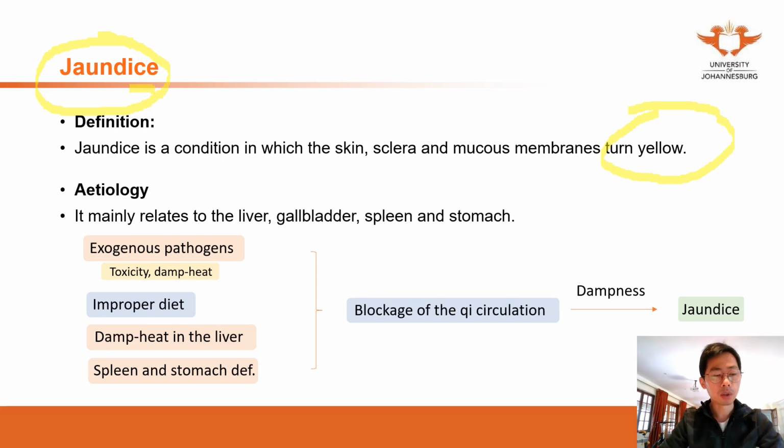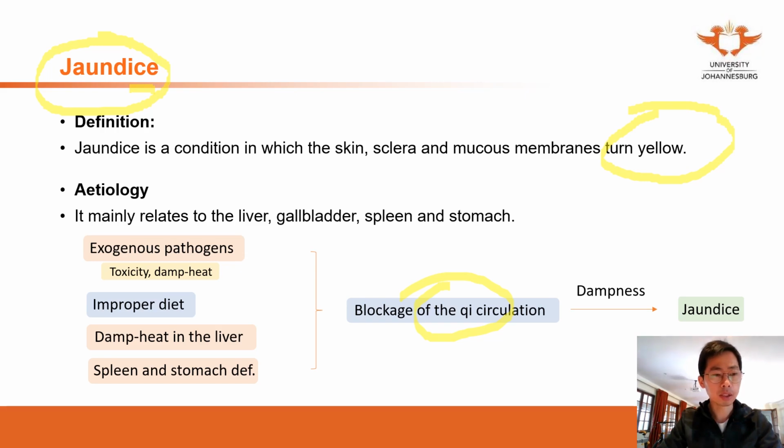As for the etiology, although I didn't write in detail the possible causes here, for jaundice, the causes may be heat, dampness, coldness, toxicity, qi stagnation, or blood stasis.